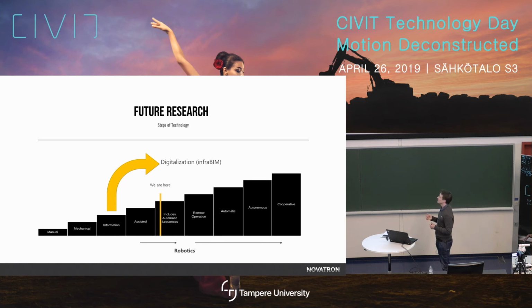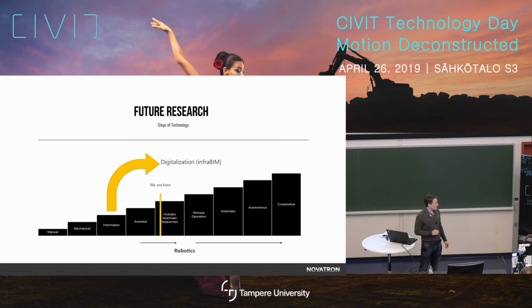Autonomous means that the individual excavator is fully autonomous, and the final step is that the individual excavators cooperate between themselves, so no human intervention is needed anywhere anymore. Those are the plans, how we see the future technology developing.